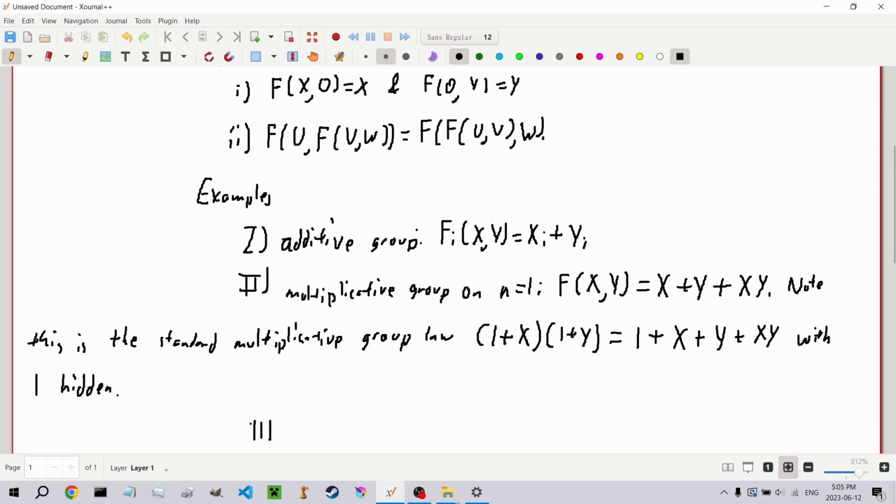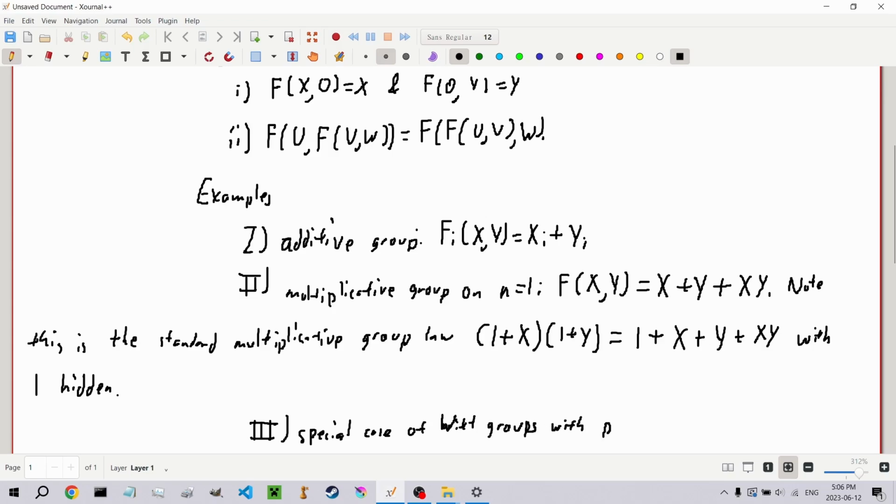In case 3, we have a special case of Witt groups. I don't know what a Witt group is, but I guess we're going to find out.